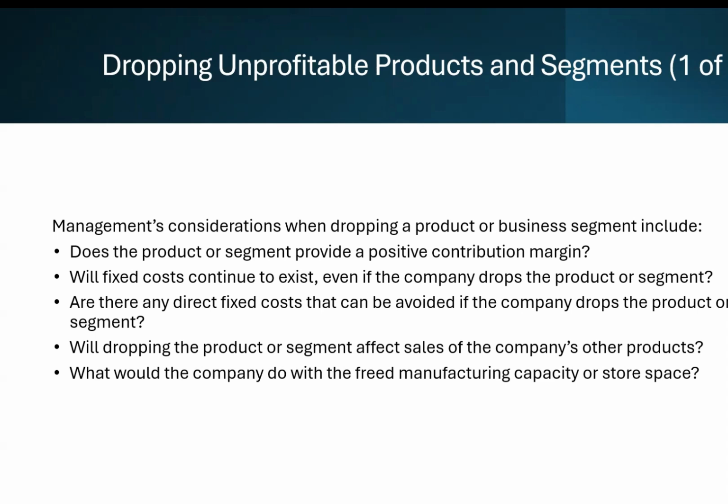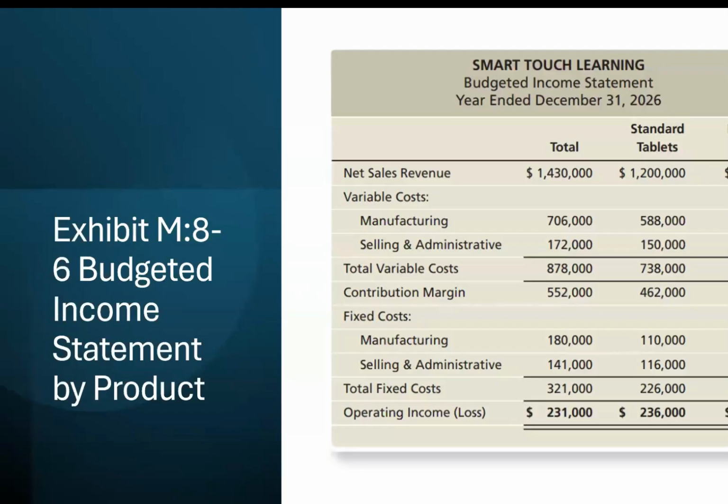However, in this scenario, we are considering a decrease in volume rather than an increase, as we did in the special pricing decision. In the following example, we illustrate how managers decide whether to drop a product. The same process applies to decisions about discontinuing a business segment, such as a department, territory, location, or region. Okay?